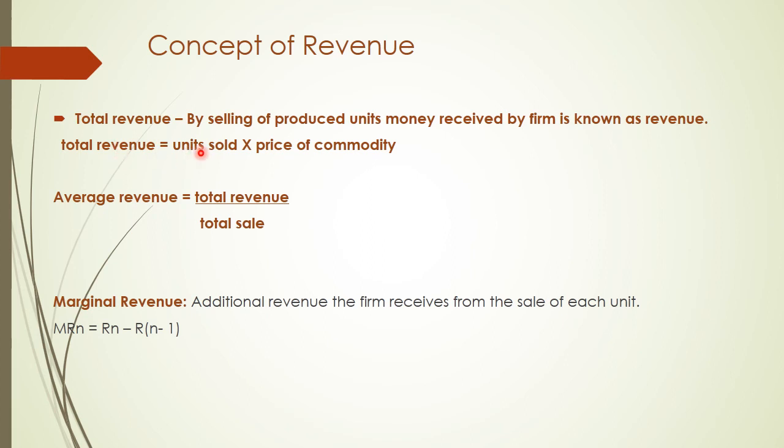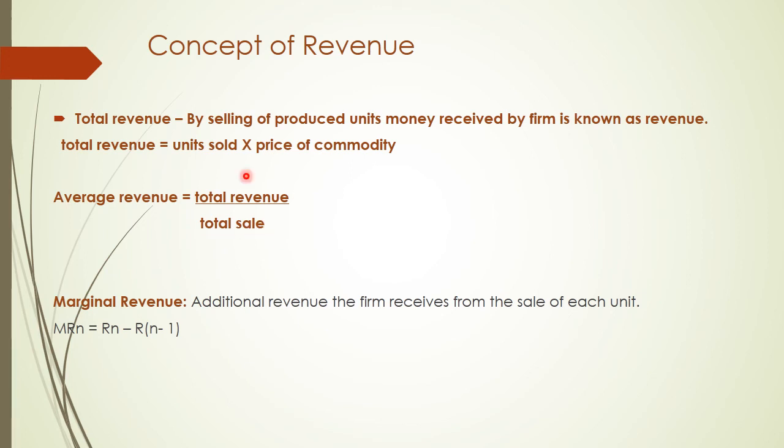He has sold 100 units and the price per pen is 50 rupees, so 100 into 50, his total revenue will be 5000 rupees, right? So if the number of units sold increases, then his total revenue will increase. If the number of units sold decreases, then his total revenue will decrease, right?